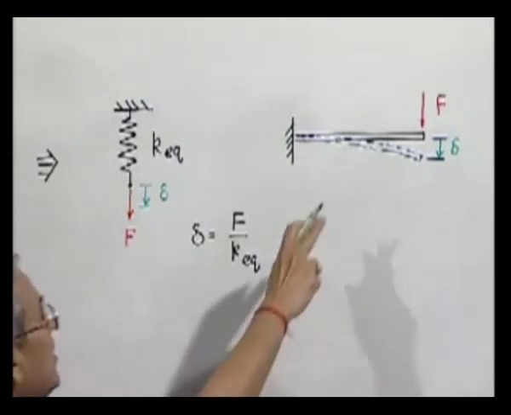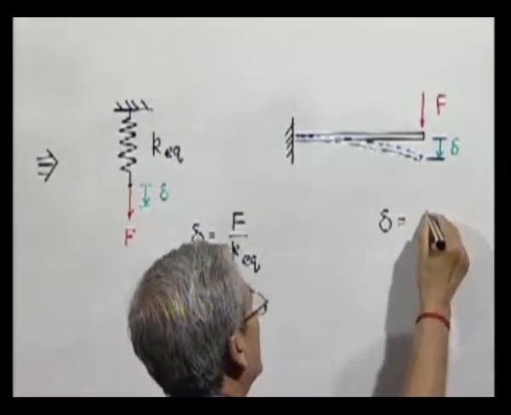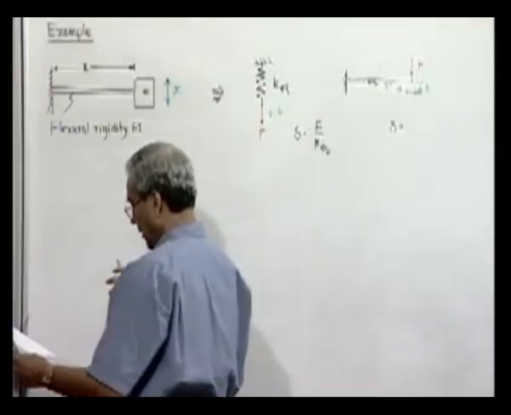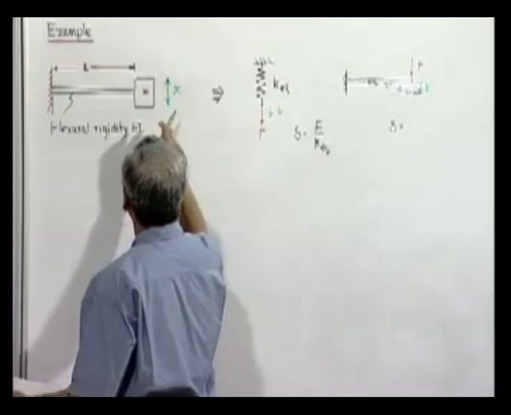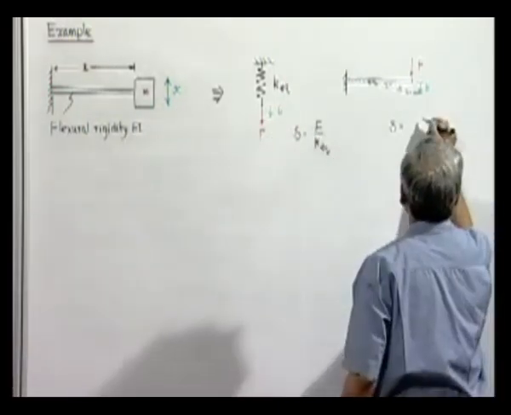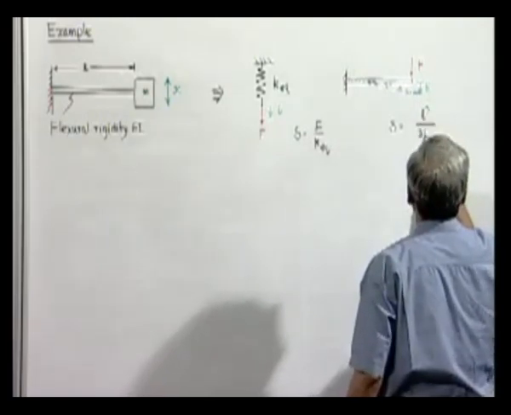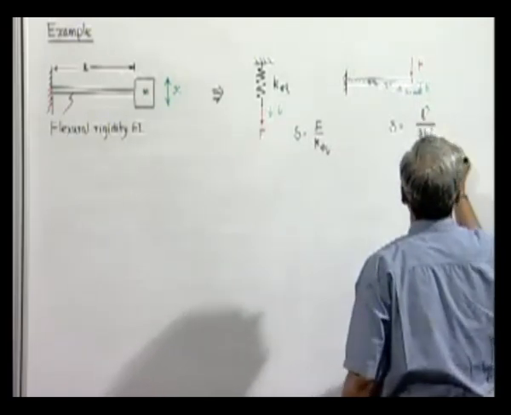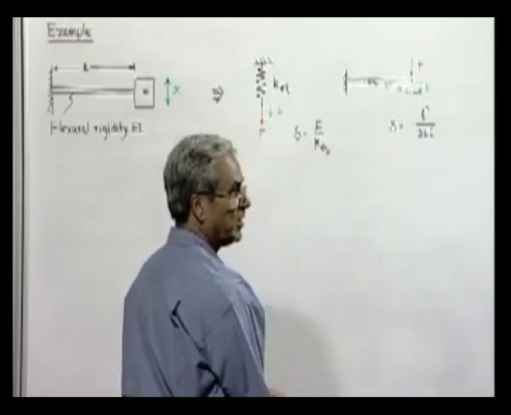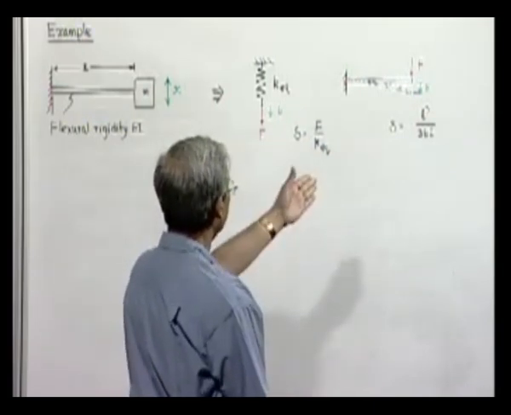How much is the deflection of the beam? Here we know delta is equal to, the flexural rigidity of this is given, so therefore it is going to be F L cube by 3 EI. It is from beam theory. For simple cantilever beams, deflection at the free end is given by this.